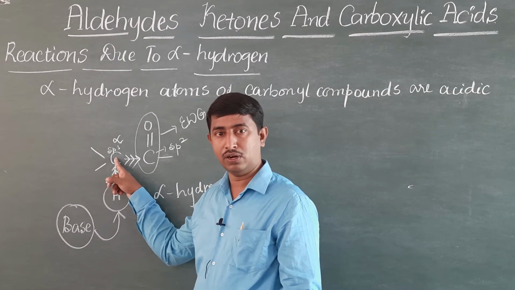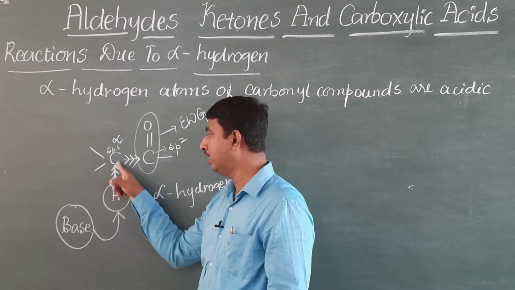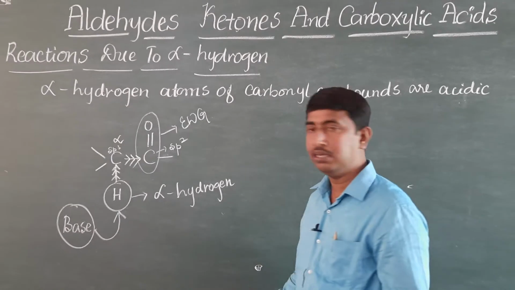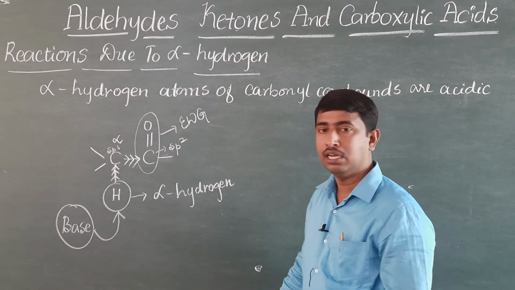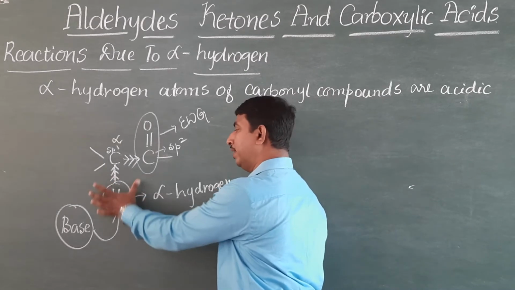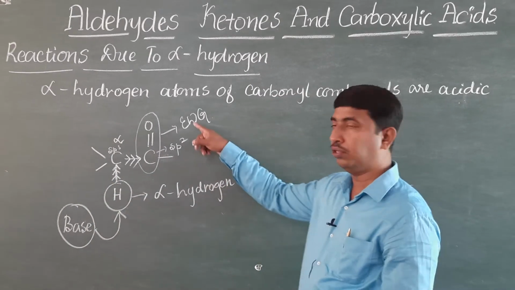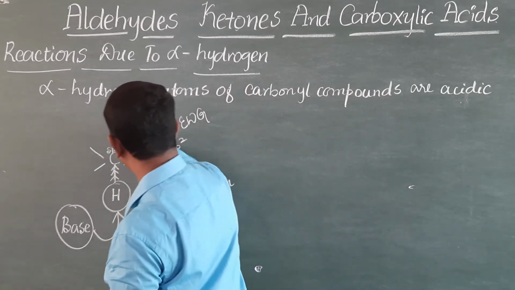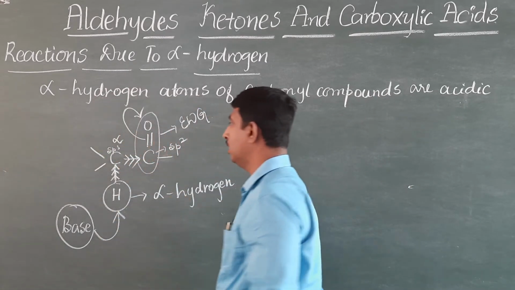Once it becomes electron deficient, this carbon readily attracts electrons of the carbon hydrogen bond. As a result, carbon hydrogen bond becomes weaker. It is due to electron withdrawing nature of carbonyl group. So oxygen, we know that it is highly electronegative.